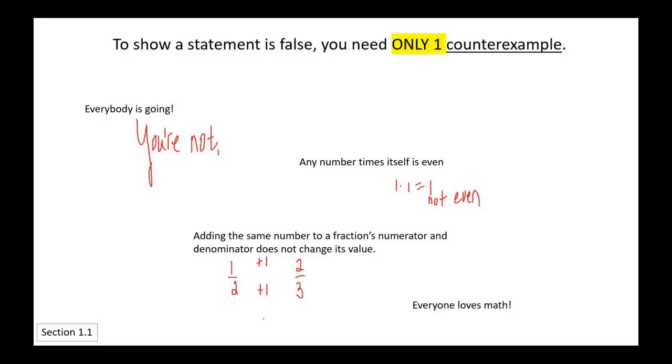But 1/2 does not equal 2/3, and so this just simply doesn't work. Now with middle school, a lot of times you have to have them change it into fractions, decimals, so that they can see that 1/2 is 0.5, 2/3 is approximately 0.67.